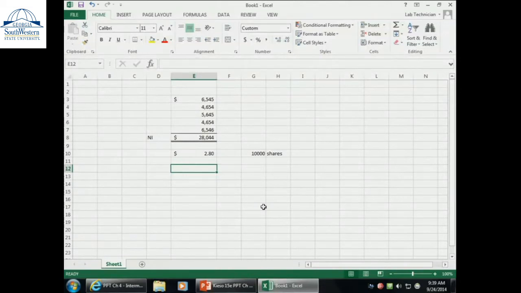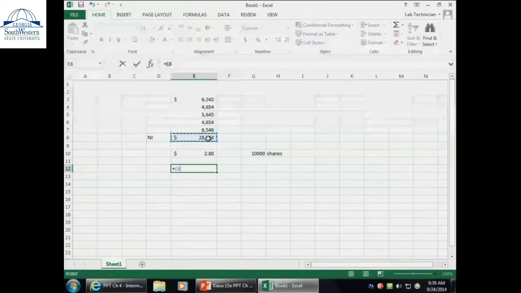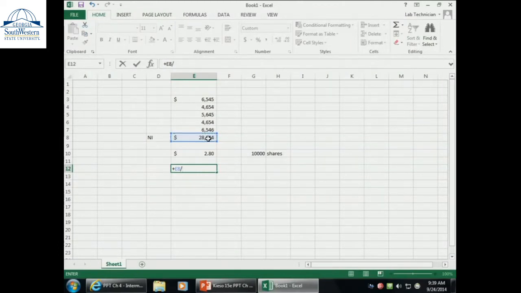But to start it out, we have to say a plus net income divided by number of shares. Okay, so we say plus, see how I just typed in the plus thing? And then go up here and point to this number. Just click on it. So it put that cell in there in the formula, right? And then divided by is the slash. See how that works?